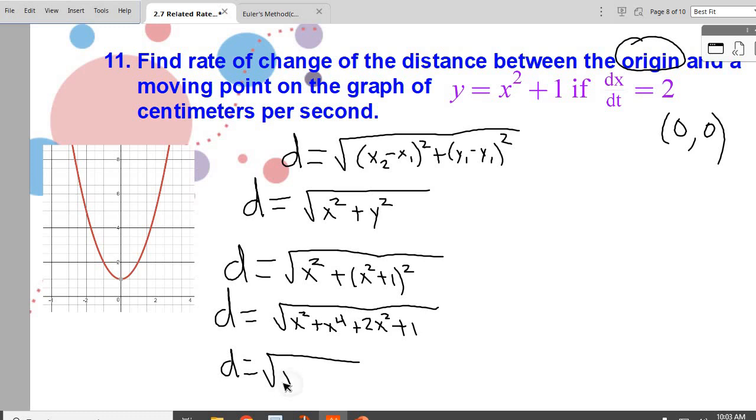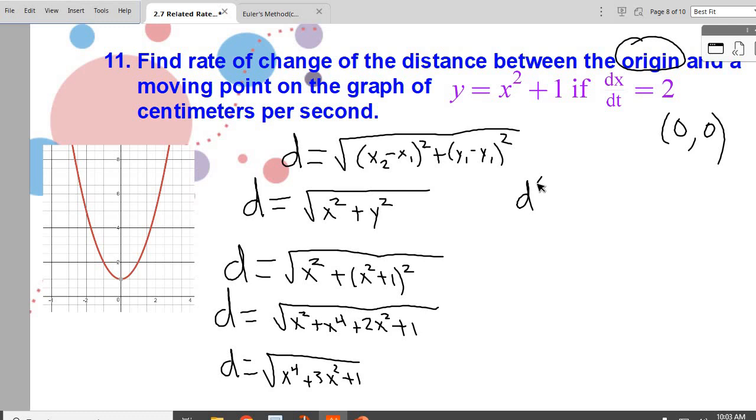So I get x to the 4th plus 3x squared plus 1. We're almost there. Now what can I do? Take the derivative. So d prime, or dd/dt. That's why I put d prime, because that just sounds funny.